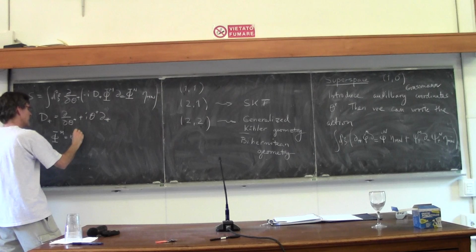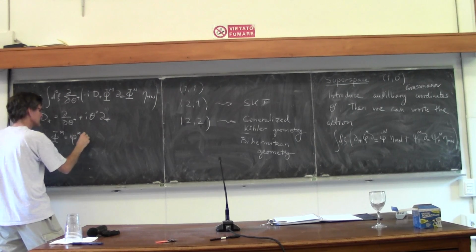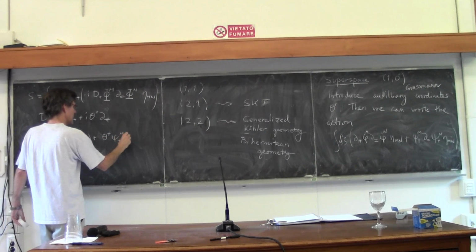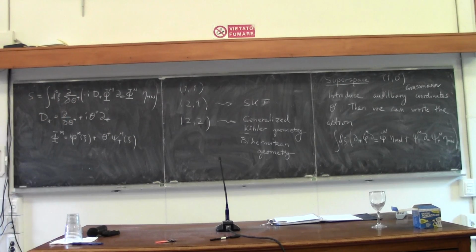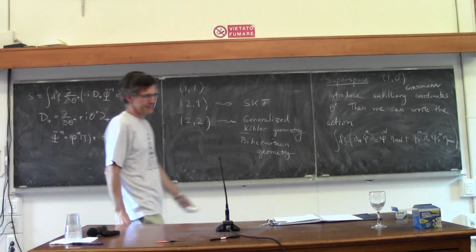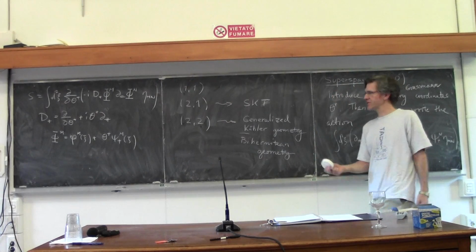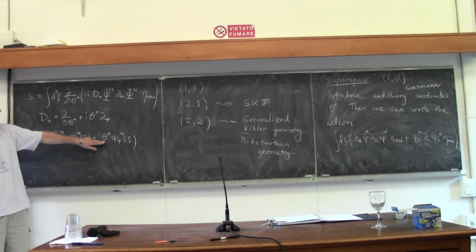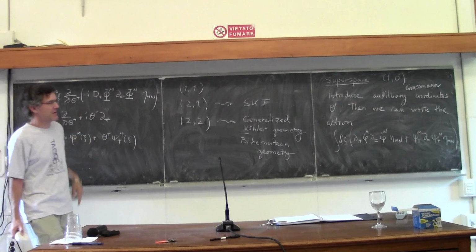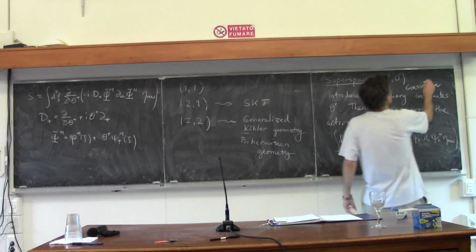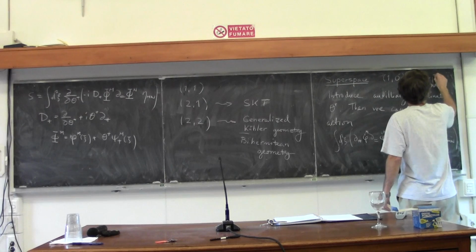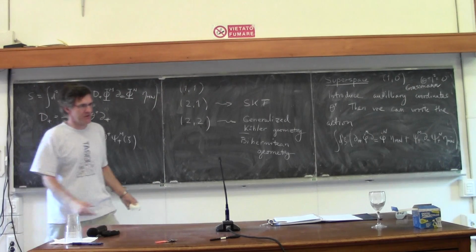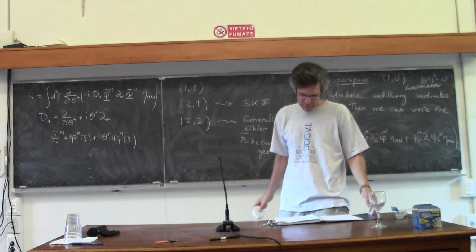So it's a combination like this, plus. When I say function, you shouldn't take that too literally. The only dependence you can have on the Grassmann coordinate is a linear term, because since it's Grassmann, theta plus squared is 0. So if you think of it as a function, the Taylor expansion is the only terms you will have.